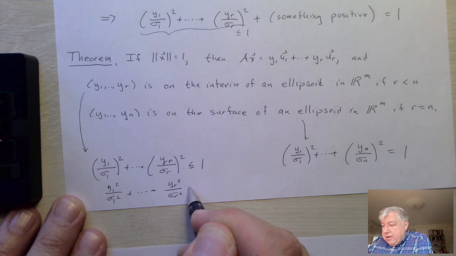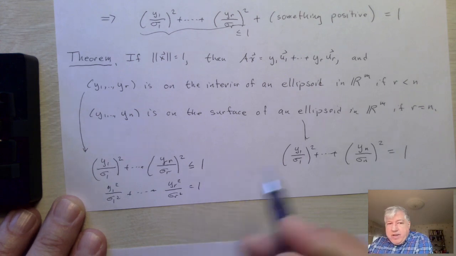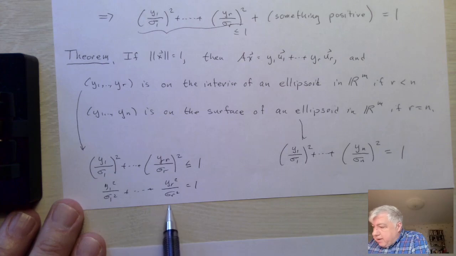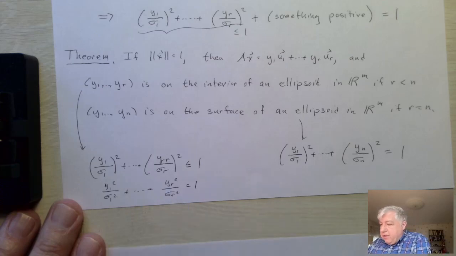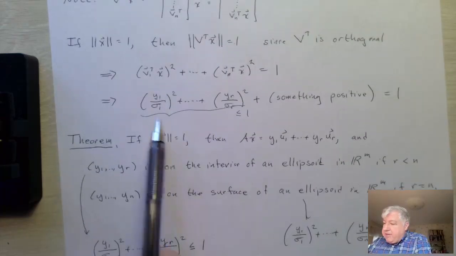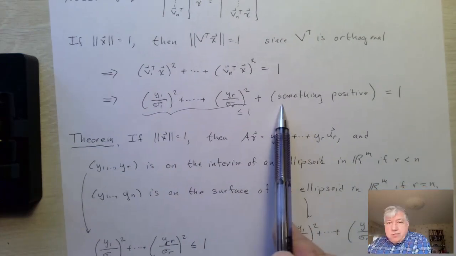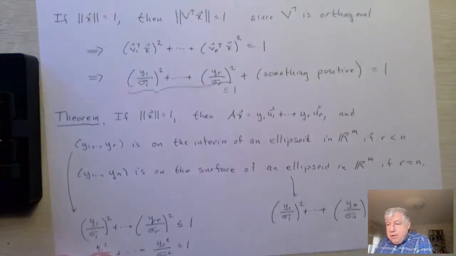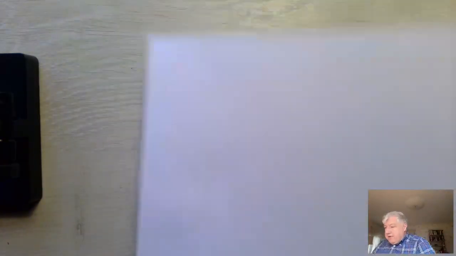But if we have equality here, this defines an ellipsoid in R^m. So that's why this happens. And in the case where r is equal to n, all these extra terms are just 0, and we have equality here, and we get this. Okay, so this gives you an idea.